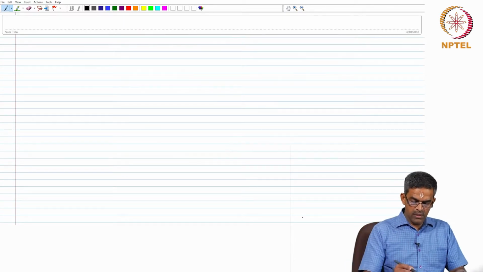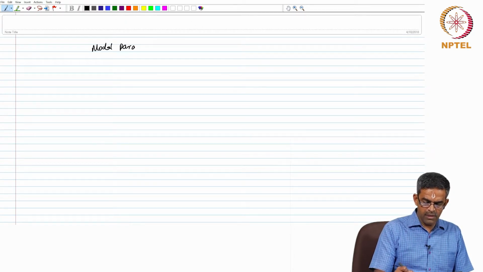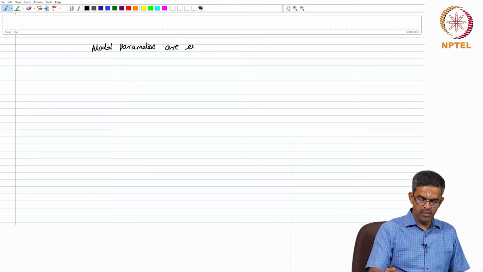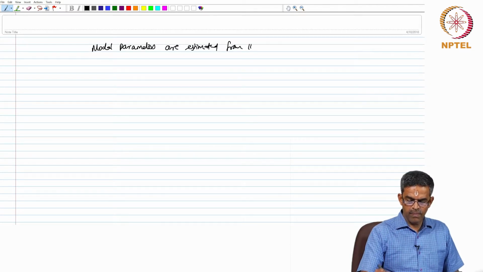So, for this, modal parameters are established and estimated from the vibration data, which is a standard procedure.